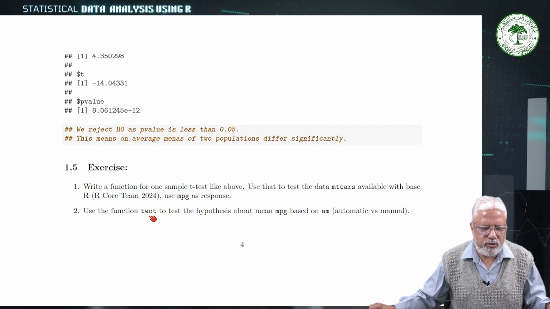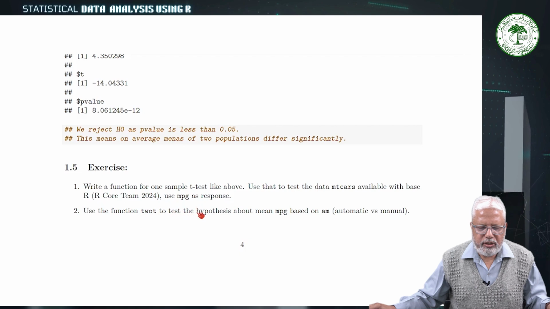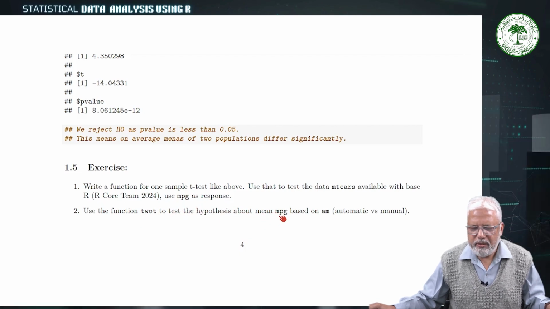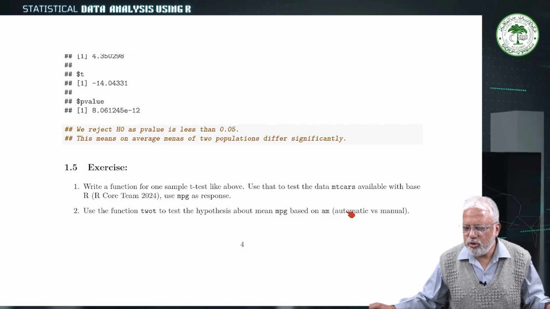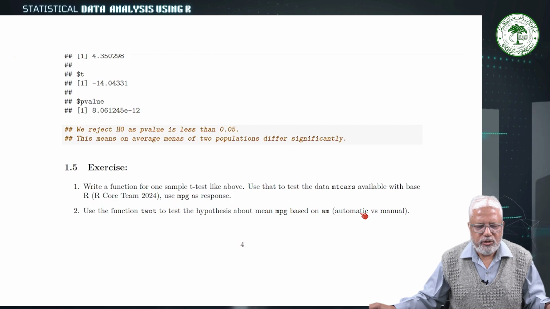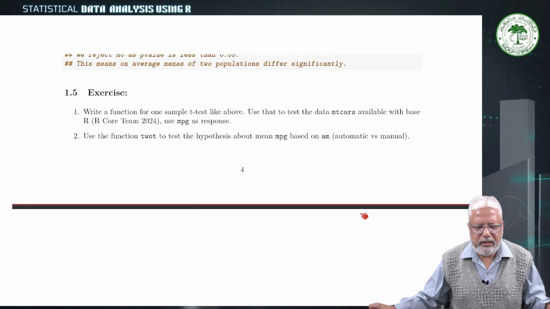Use the function 2t to test the hypothesis about mean miles per gallon based on am, automatic versus manual. So these are the two levels. So you can try these exercises and you can verify these results.